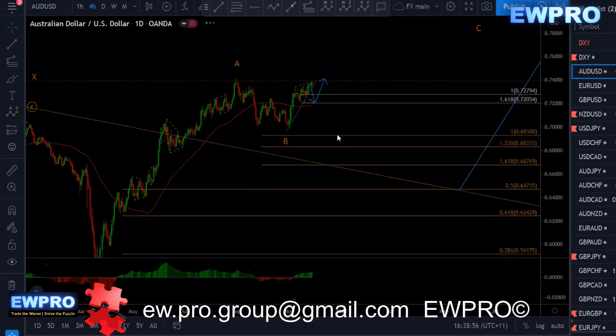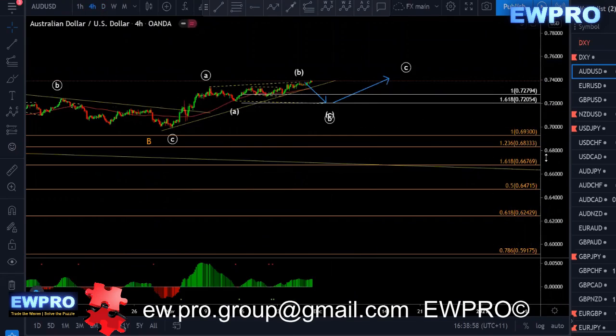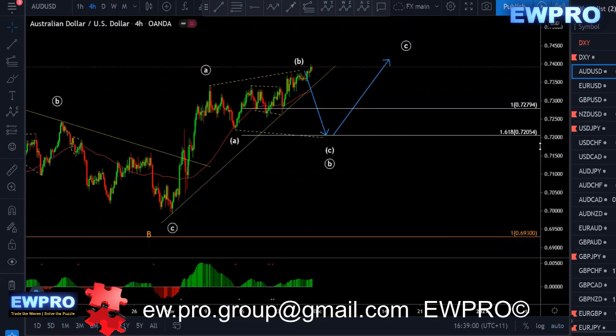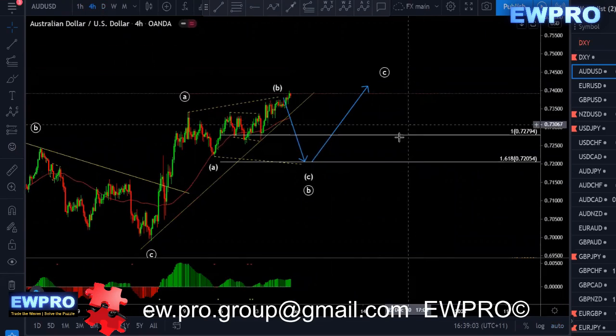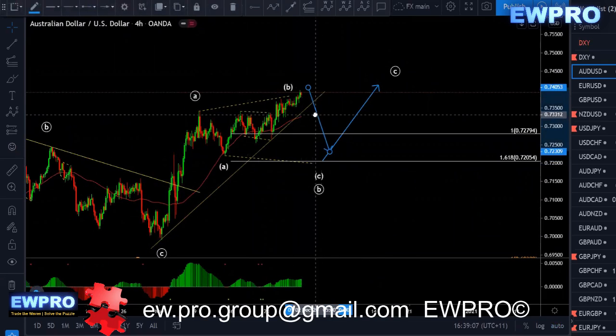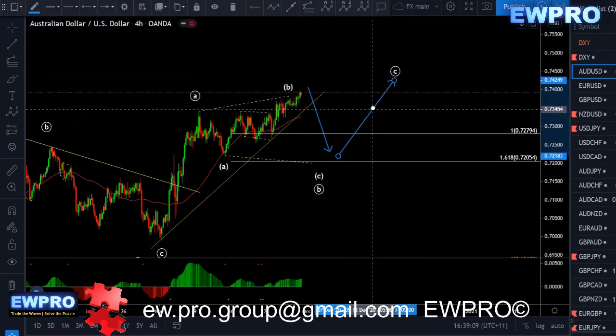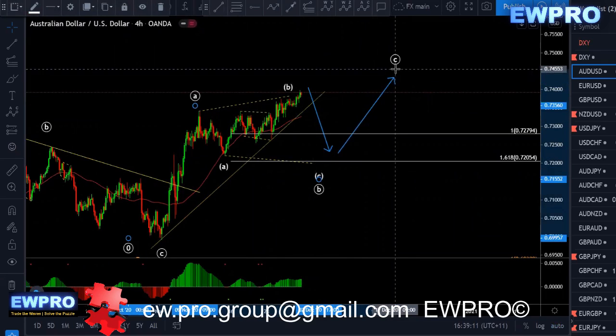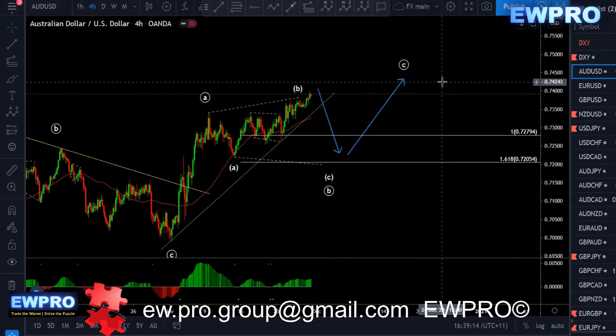If we go down to the H4, that's why I'm looking for that larger correction. I'm looking for this like running flat structure in here.